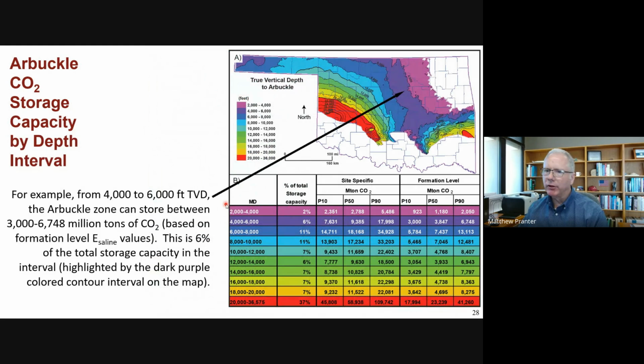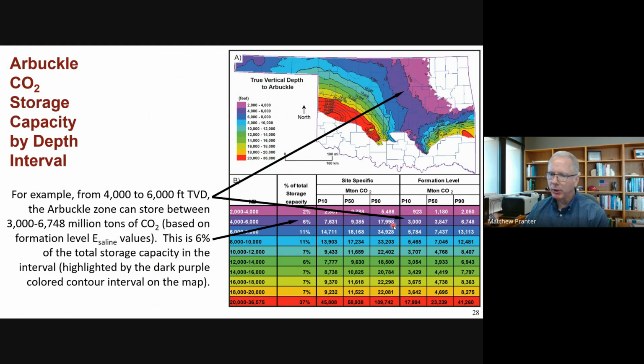And another way of looking at it, because we're interested in the specific depths that we would be encountering the Arbuckle, is this is broken out by true vertical depth. So the depth you'd have to drill to encounter the top of the Arbuckle, in 2,000 foot thick intervals.